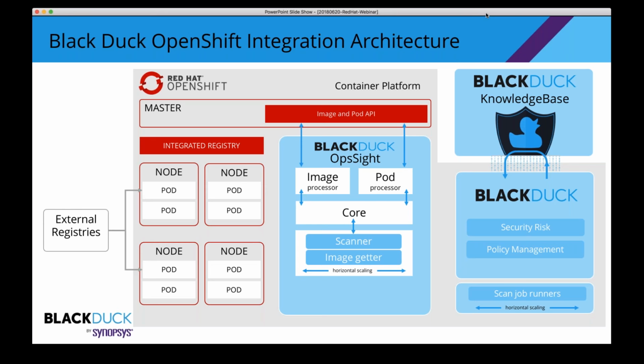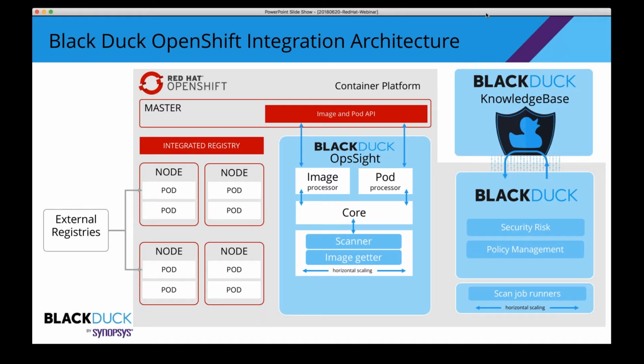Now, the image getter does have elevated privileges, but it is a separate module. So you absolutely have the freedom to customize and create your own sort of image getter container to grab the contents of a container or to grab the image in another way, maybe you want to pull it from CI/CD for the scanner to go and scan that image.